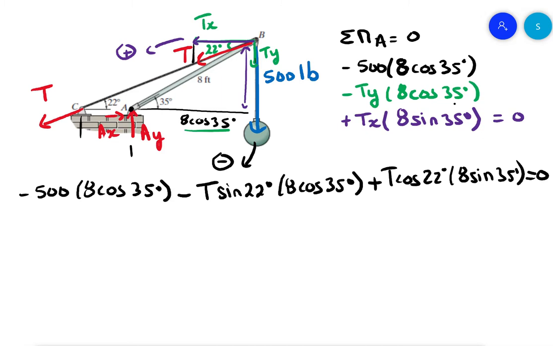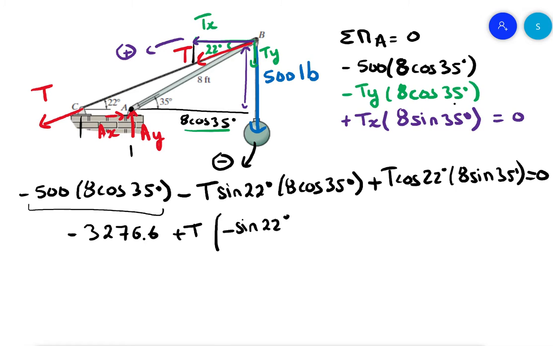Let's simplify a little bit. 500 times 8 cosine 35 is minus 3276.6. And there we can group T, so plus T times minus sine 22 times 8 cosine 35, plus cosine 22 times 8 sine 35.